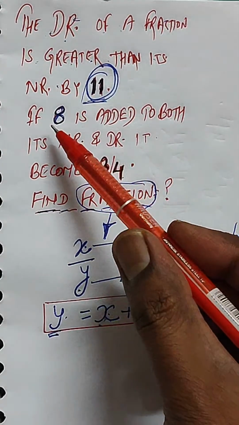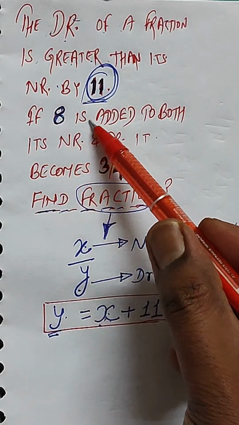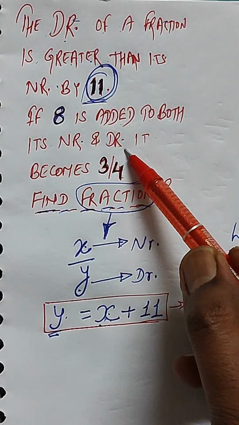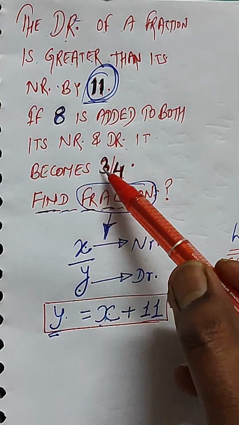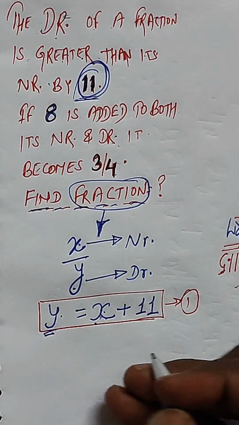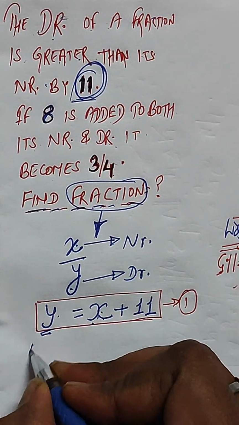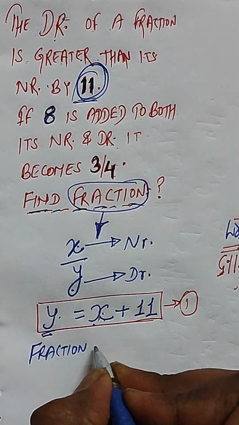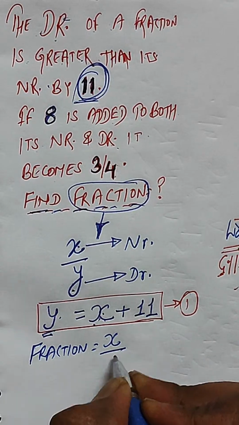Now see the second part. If 8 is added to both its numerator and denominator, it becomes 3 by 4, right? So the fraction was x by y.